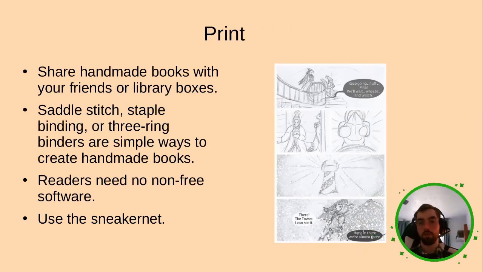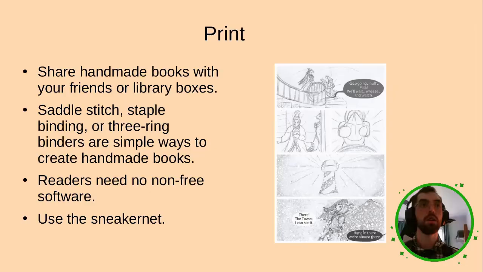When you're making print, share handmade books with your friends, or you can use library boxes like Little Free Library. I have a few of those in my town. And you can use various formats. You can use saddle stitch as an easy DIY method for making a book.